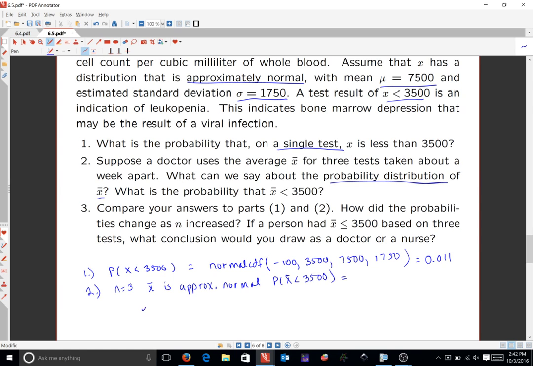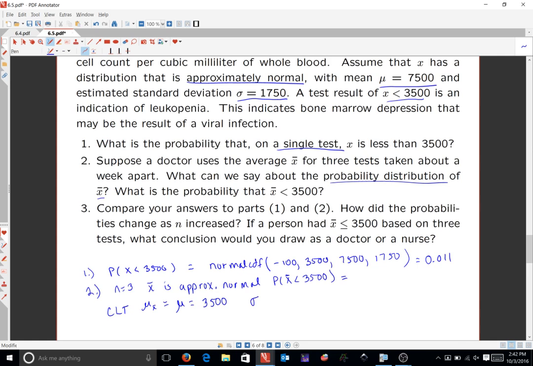What is going to be the mean for the X bar distribution according to our central limit theorem? It's going to be the mean of the original one, which is 7,500. This is by the central limit theorem, CLT.